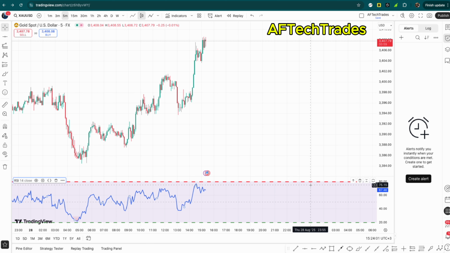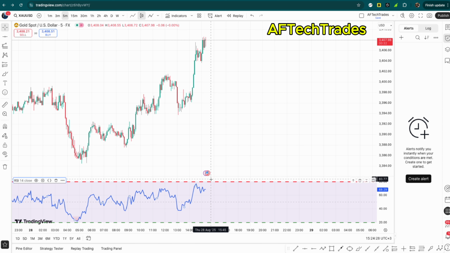So now, the strategy behind this is that if this line comes to this red zone, it's giving me a signal that I should go for a sell, right? Remember our default setting was 70, which was around this zone here. But now I increased it because I want to get higher confluence.